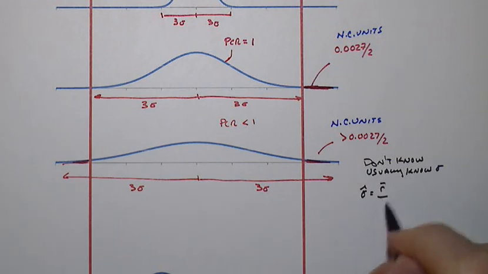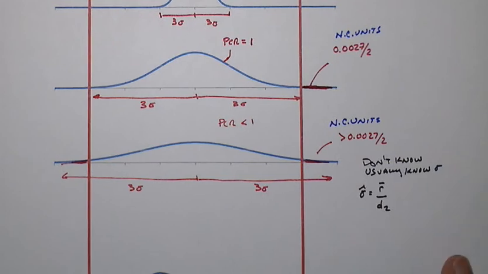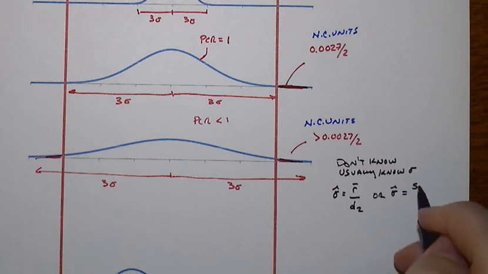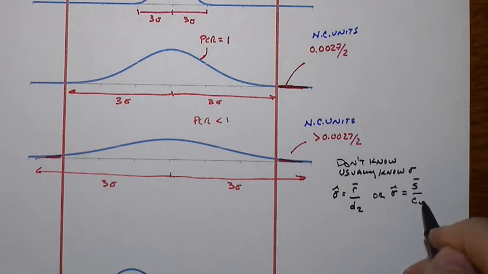We could estimate it based upon the average range that we're getting out of our sample, and then divided by D2, same constant as before. Or we might do it with instead our sample standard deviation, and then that will be divided by that constant C4. So either approach that we might go after there is acceptable in our overall approach.